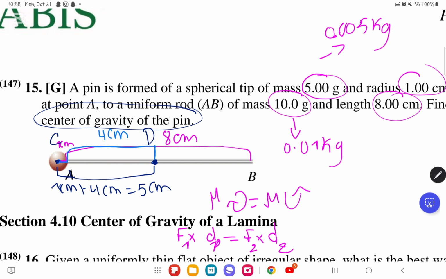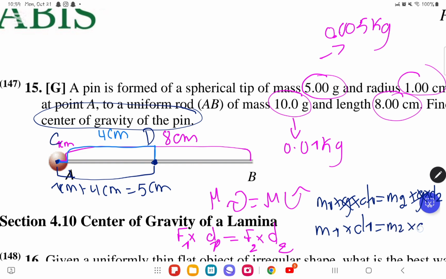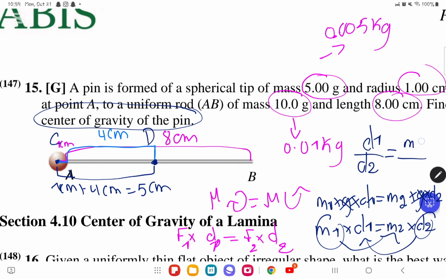Now the force in this case is the mass, so we're going to be using mass 1 times g times distance 1 is equal to mass 2 times g times distance 2. So we're going to cancel the g and the g. So now we're left with what? Mass 1 times distance 1 is equal to mass 2 times distance 2. So if we move this to the other side, we will get that distance 1 over distance 2 is equal to mass 2 over mass 1.